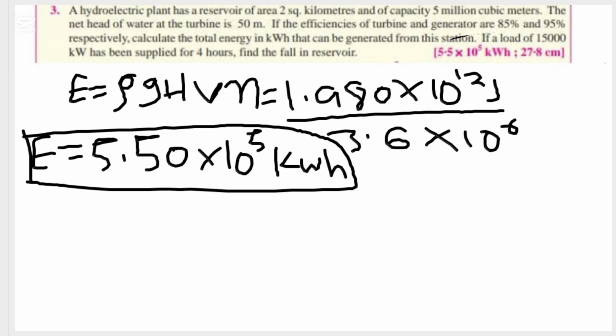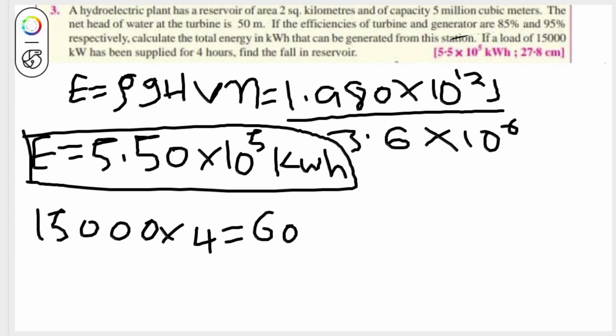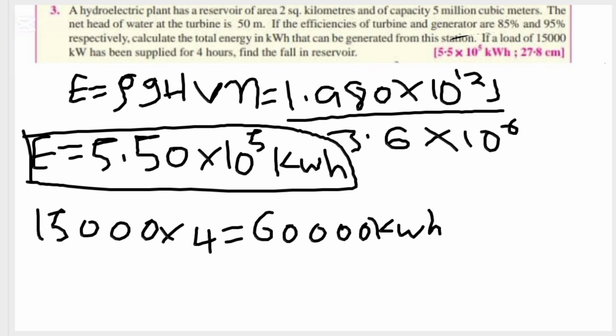This is my energy. You have to take note that for a load of 15 kilowatts for 4 hours, the energy supplied will now be equal to 15,000 multiplied by 4, which will be equal to 60,000 kilowatt hours.